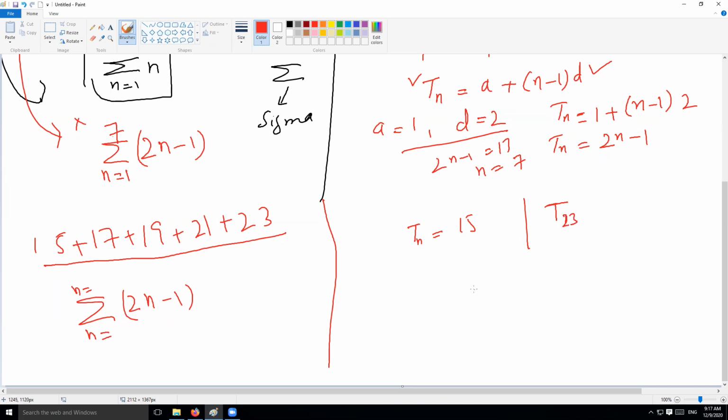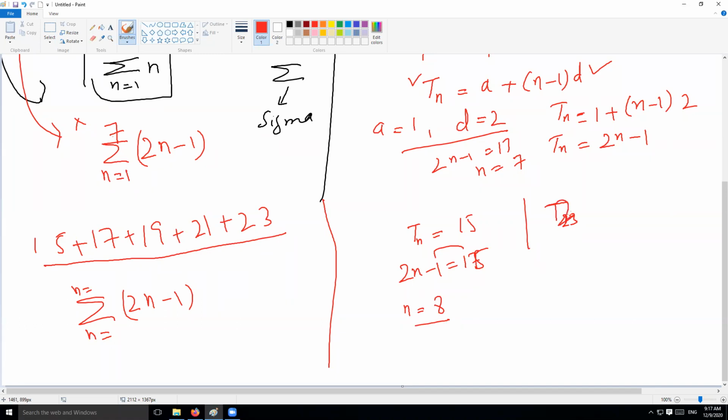There can be several ways. So 2n minus 1 equal to 15. What would be n in this case? If you send the 1 to the other side, you're going to have 16 divided by 2, so this is 8.